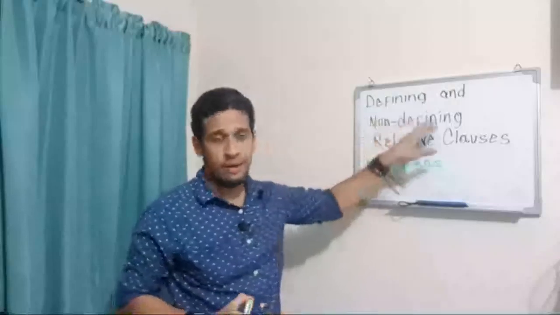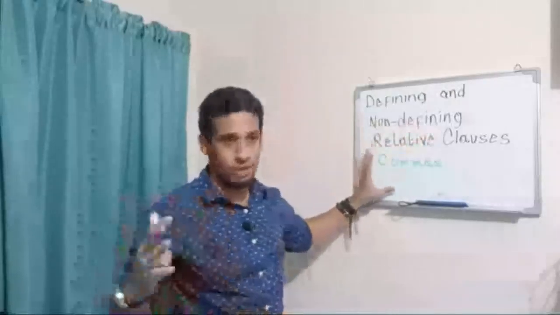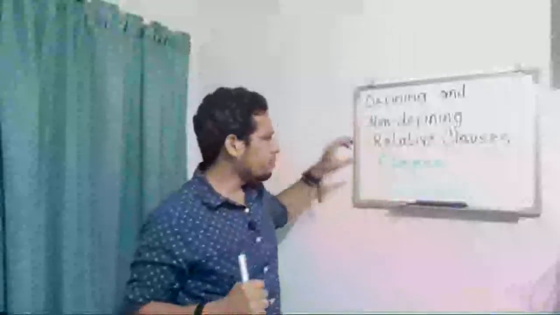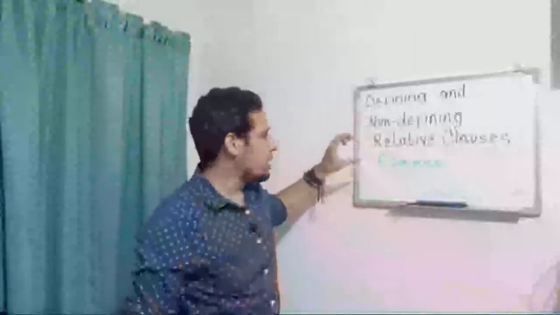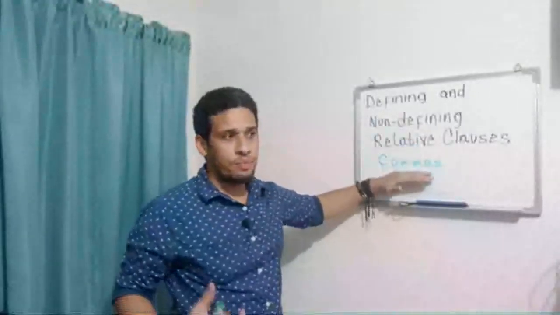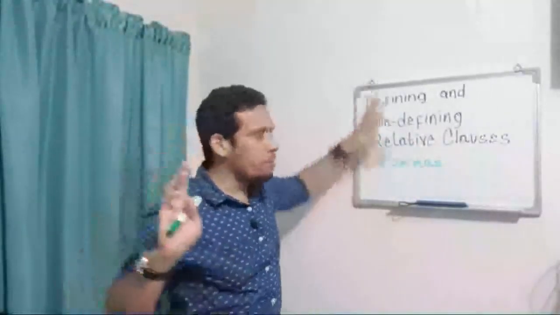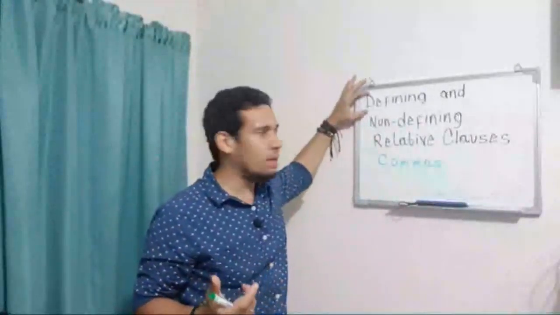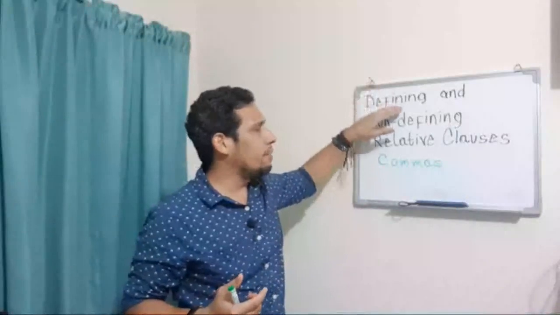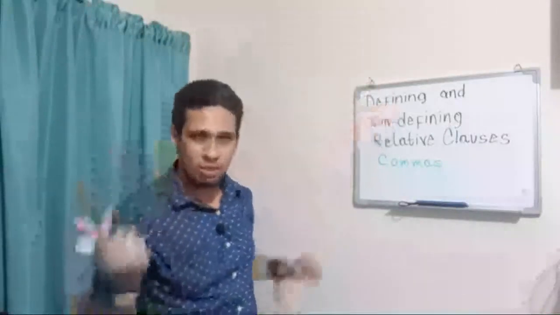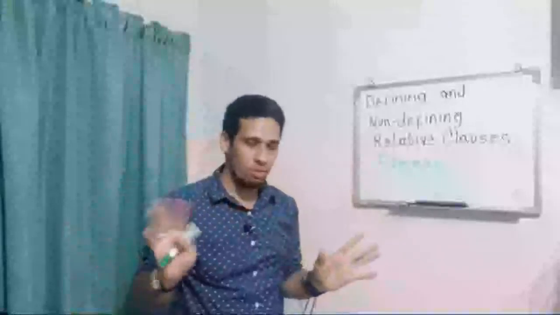So every time you see a comma, it's because it's a non-defining clause. Pero no solamente eso. La mayoría de las veces, estos relative clauses, okay, they both work as adjectives. Estos trabajan como los adjetivos del noun del que estamos hablando. Sí, tan sencillo como eso.